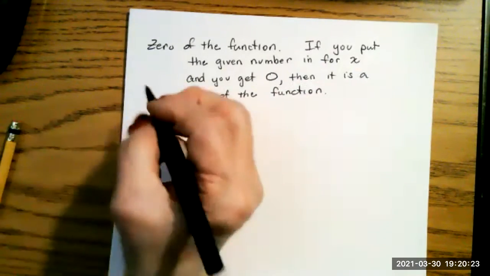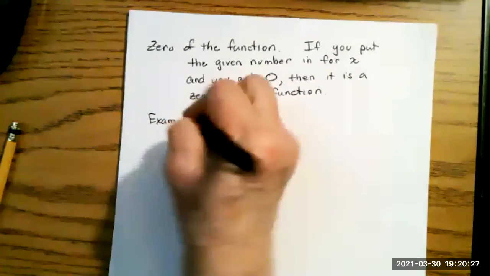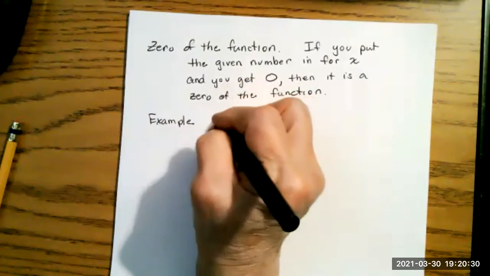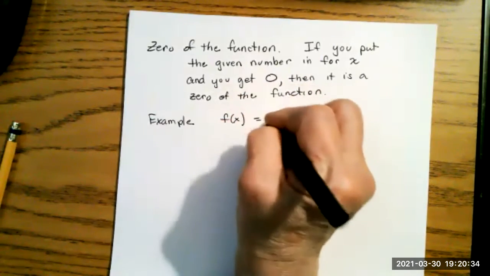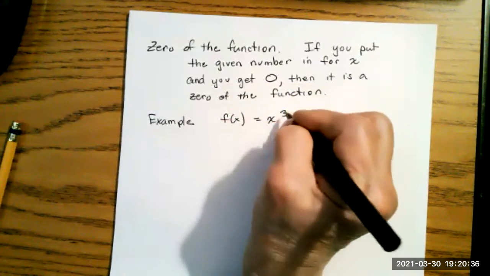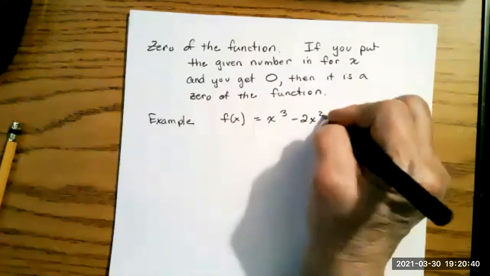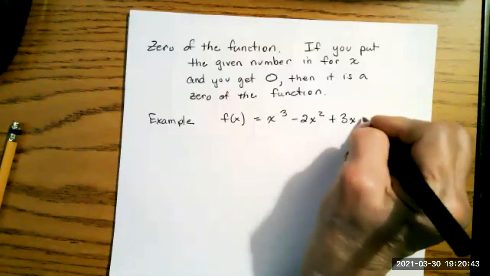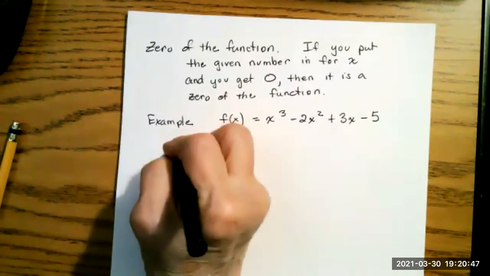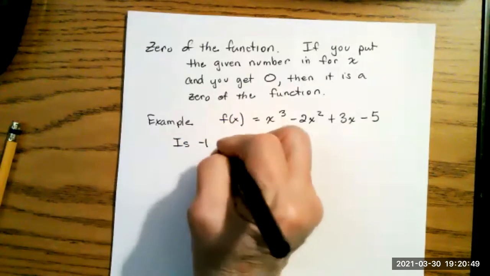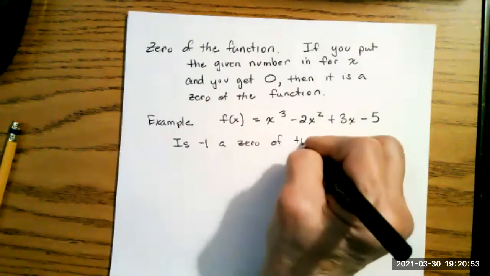So let me give you an example. If you have a function that is f of x equals x cubed minus 2x squared plus 3x minus 5, that's cubic. And the question says, is -1 a zero of the function?